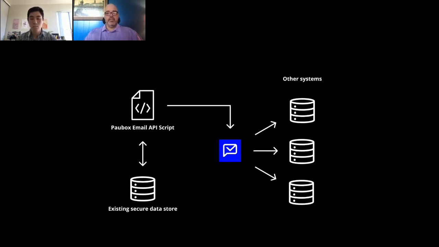So again, it's customized email delivery encrypted to however that other system receives it, whether or not they're a customer of Paubox. I mean, ideally they all would be, but either way, that message and information will be encrypted.